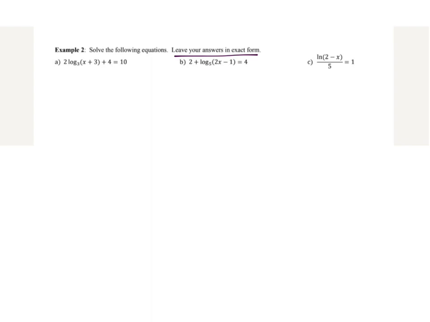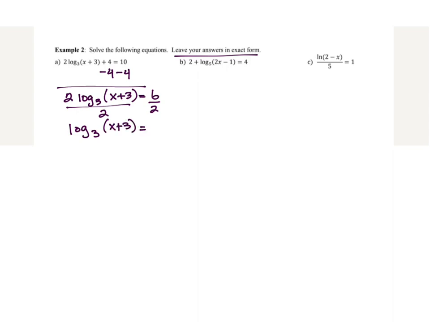PEMDAS backwards. Move the 4 first. So 2 log base 3 of x plus 3 is 6. Now we can divide by 2. So log base 3 of x plus 3 is 3.